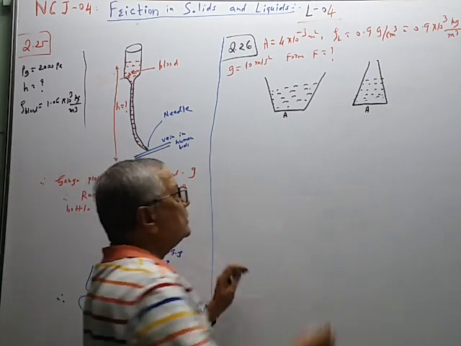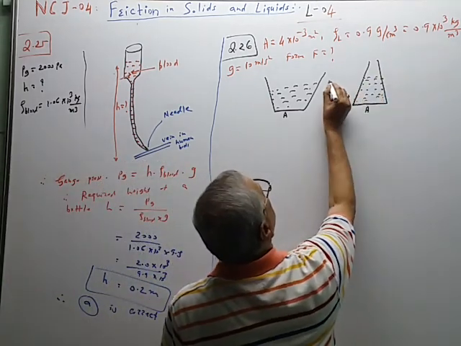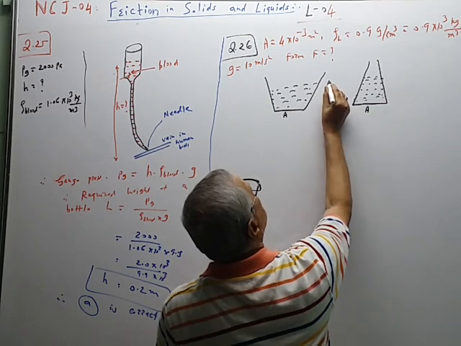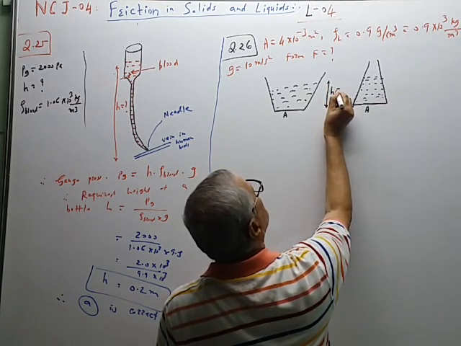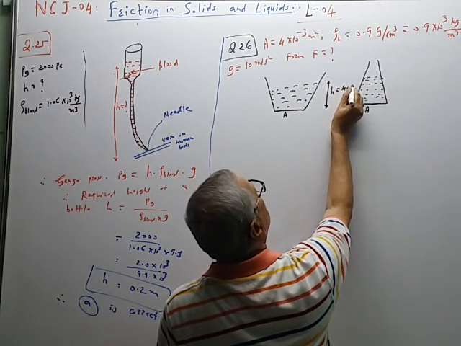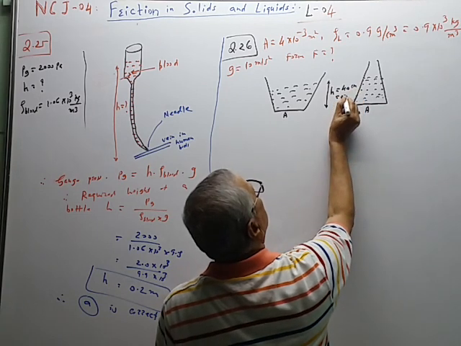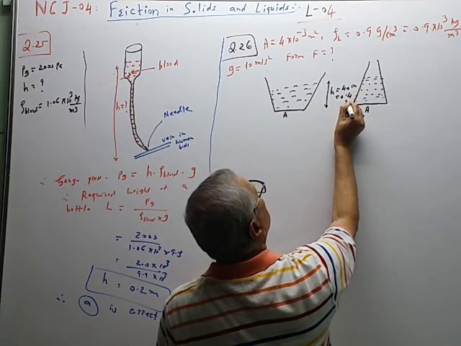Height H is equal to 40 centimeters, is equal to 0.4 meter.